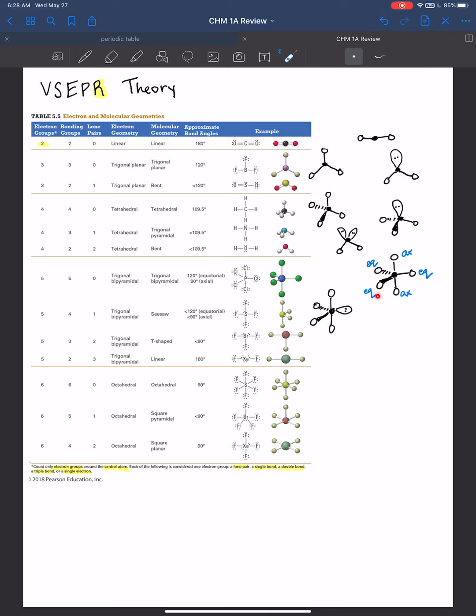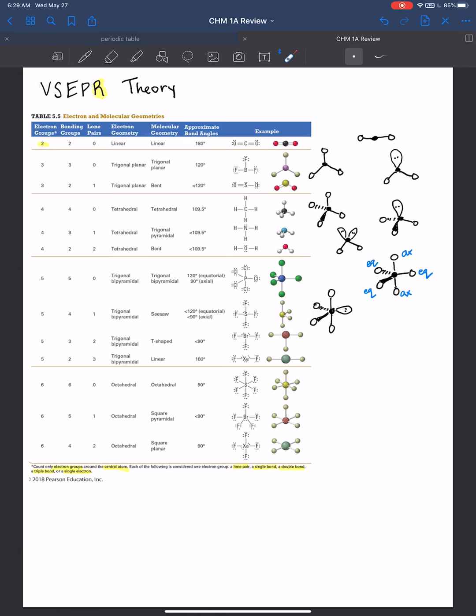You only need to learn the main electron geometry models, like I'm showing: trigonal planar, tetrahedral, trigonal bi-pyramidal, and then we'll learn octahedral in a second. You just need to learn this one for this series and remember that lone pairs just take up equatorial positions. That way you'll always get the correct bond angles when you draw the 3D representation of it. And so this one's actually called a seesaw, and if you were to flip it over and build the model itself, it does act like a seesaw.